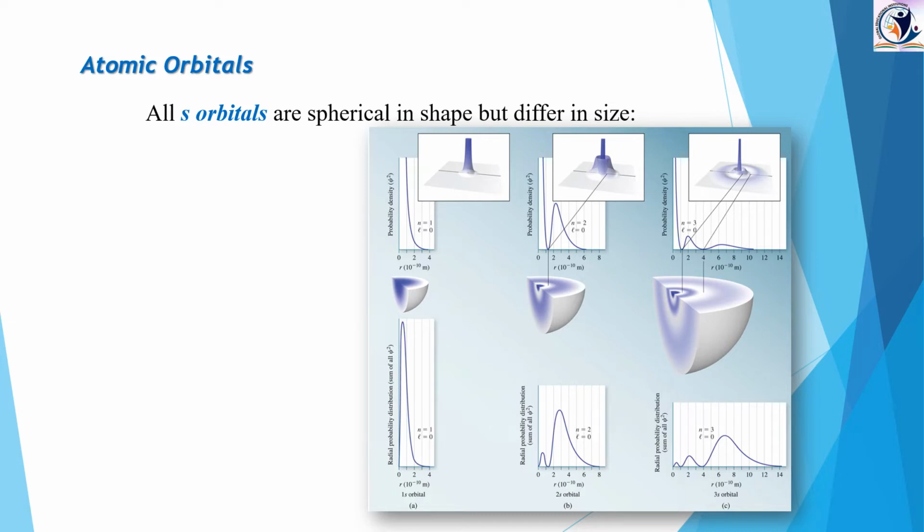Then the second shell and the third, so 1s is less than 2s and less than 3s. 3s has a bigger size, 2s has a smaller size, and 1s has an even smaller size.